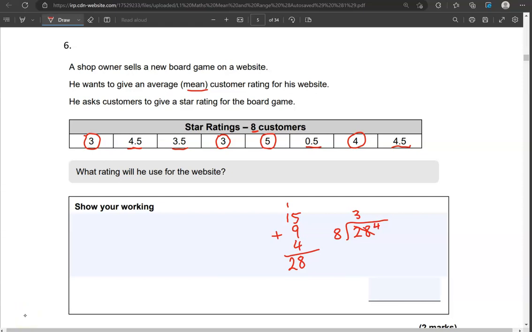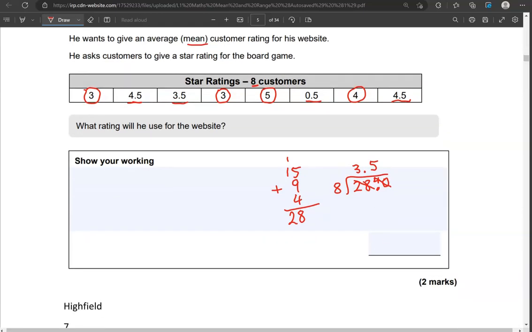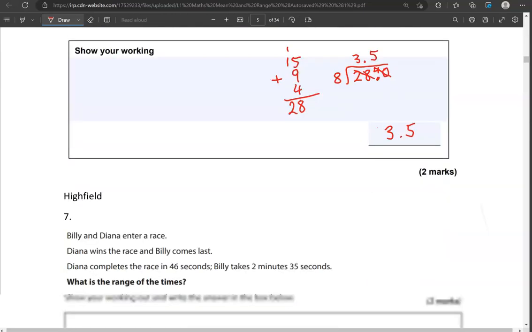Now we've run out of digits here. So what we're going to do is put a decimal point here and in the answer as well. And after that point, we can add zeros. So how many 8s into 40? That's exactly 5, because 5 times 8 gives us 40. So 3.5 is the mean for these numbers.